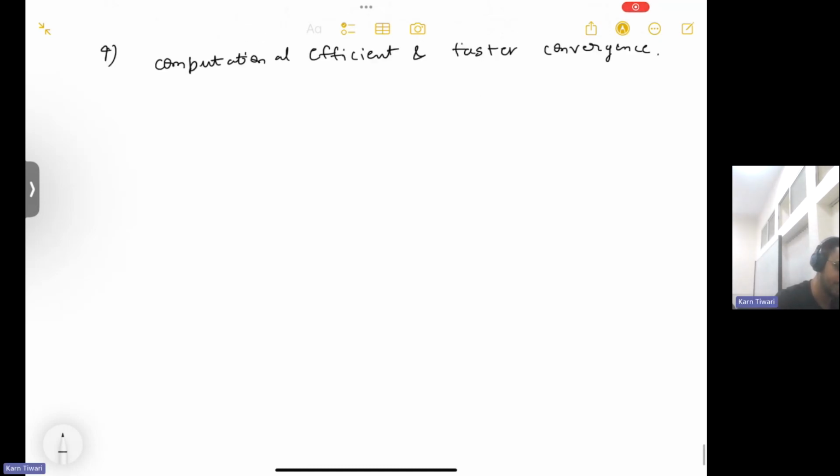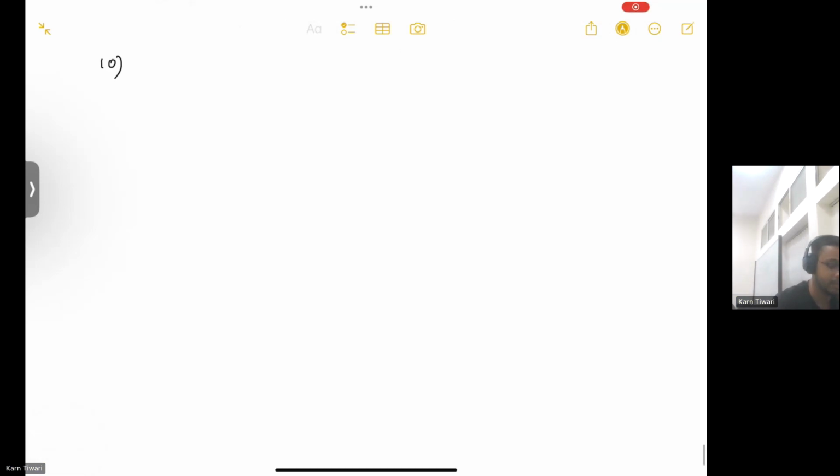Now coming to the last question, the 10th one. Which of the following variants of gradient descent uses an estimate of the next gradient to update the current position of the parameter? I already answered this question before. The answer is Nesterov gradient descent. We are at a particular point.